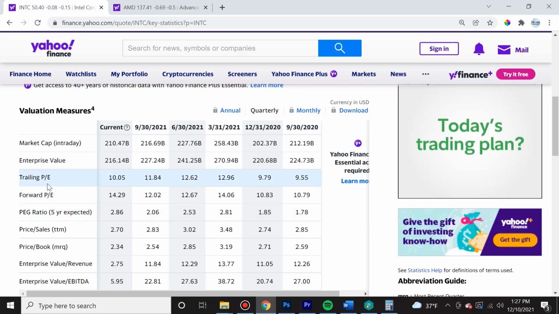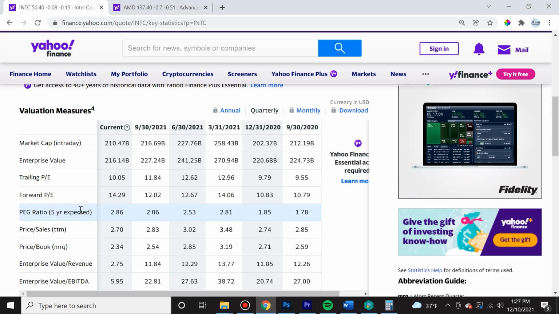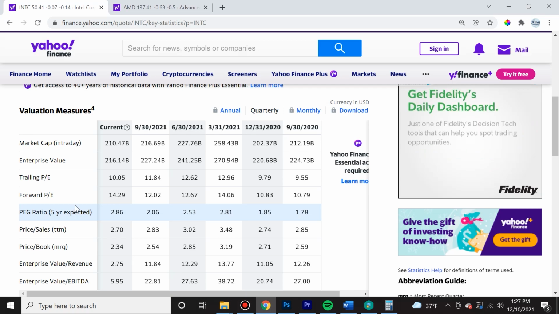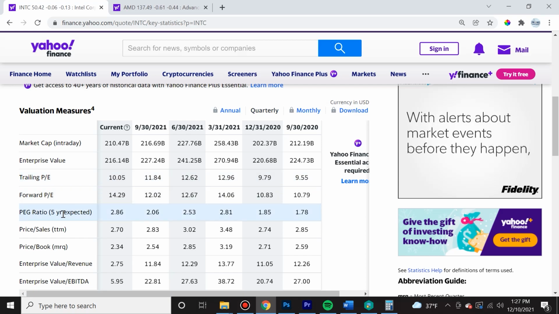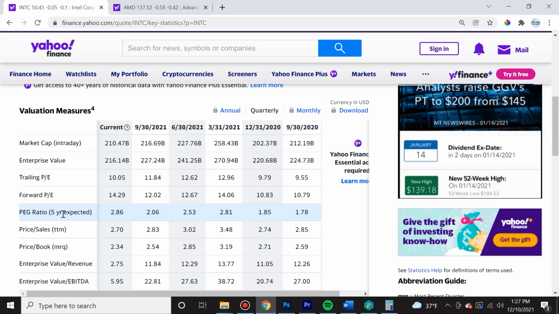Because we have the trailing PE and the PEG, and because the PEG ratio is calculated by PE divided by earnings per share growth rate, we can take the PE value, divide that by PEG, and see what the 5-year forecasted growth rate is.